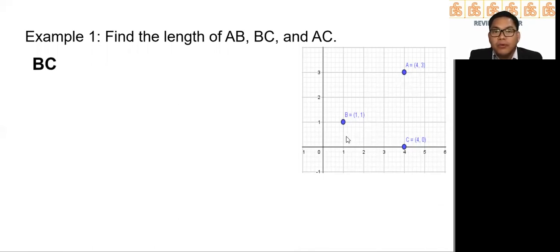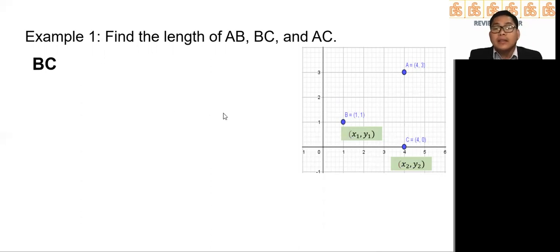How do we solve for BC? Again, to solve for the distance BC, I may use point B as x1, y1 and point C as x2, y2. This may be interchanged. This could be your x1, y1, and this could be your x2, y2, depending on the way you substitute it into the formula.